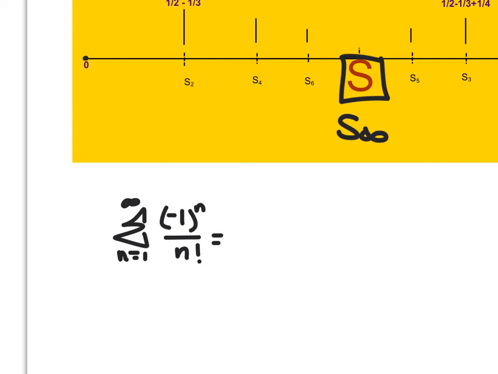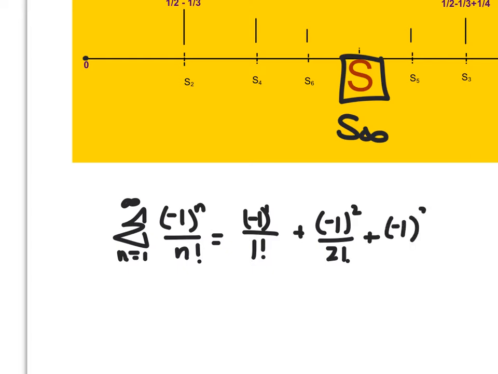Okay, so our first term would be (-1) to the first over 1 factorial. Our second term would be (-1) to the second over 2 factorial. Our third term would be (-1) to the third over 3 factorial, and so on and so forth.